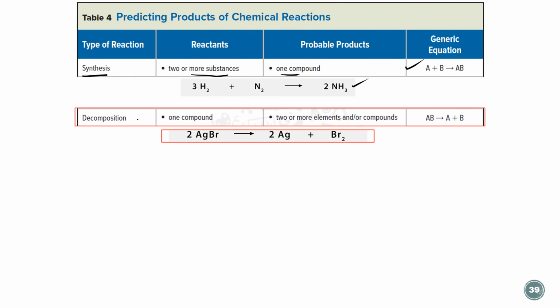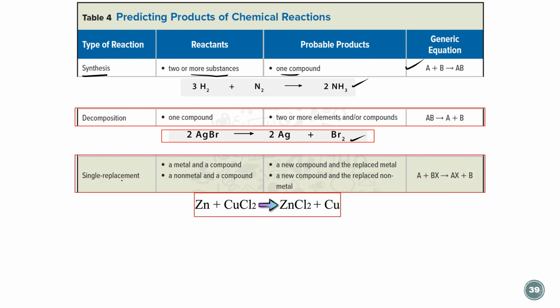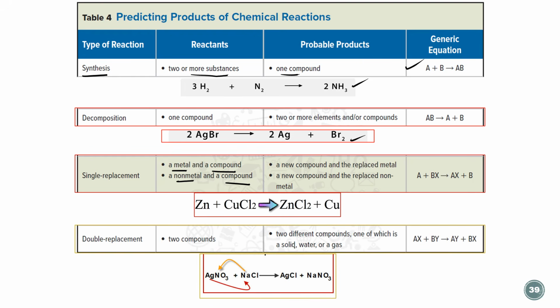We talked about decomposition reactions with this formula and this is an example. We talked about single replacement reactions, where it can be a metal and a compound or a non-metal and a compound, and we learned how to use the activity series to know whether the reaction happens or not. And we talked about double replacement reactions just right now.